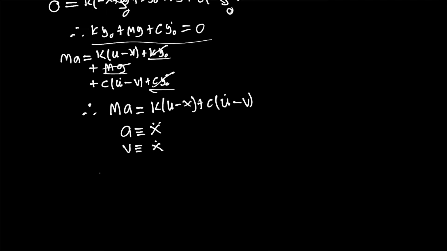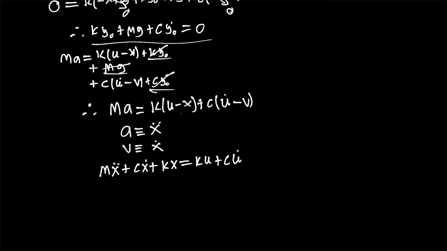So m x double dot plus c x dot plus k x equals k u plus c u dot.